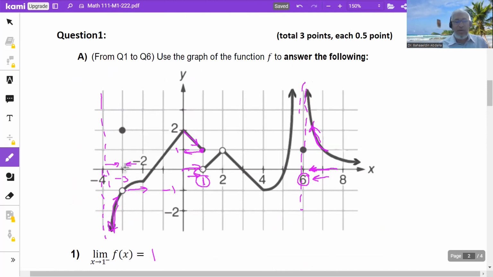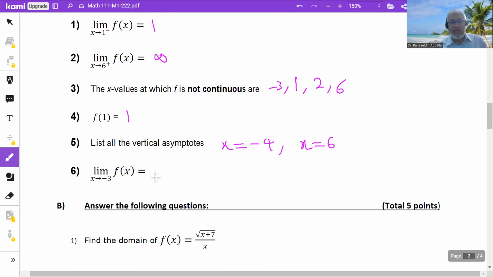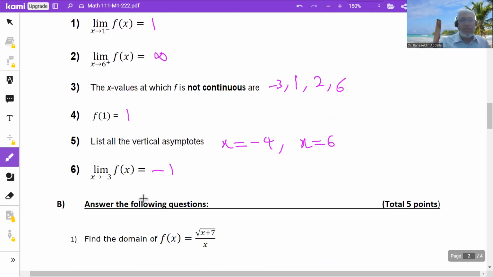So whether you are coming from the right or from the left, the graph is coming to -1. F of -3 is not -1 because there is a hole here. F of -3 is 2, but the limit is -1. So the limit is -1.